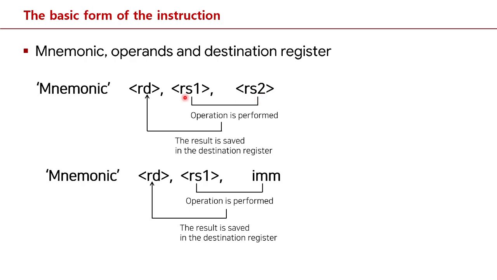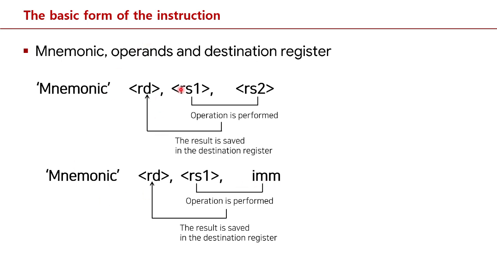The source registers can be used as input for this assembly instruction. The result of this instruction could be saved onto the destination register. This is the basic form of assembly instruction in RISC-V architecture.